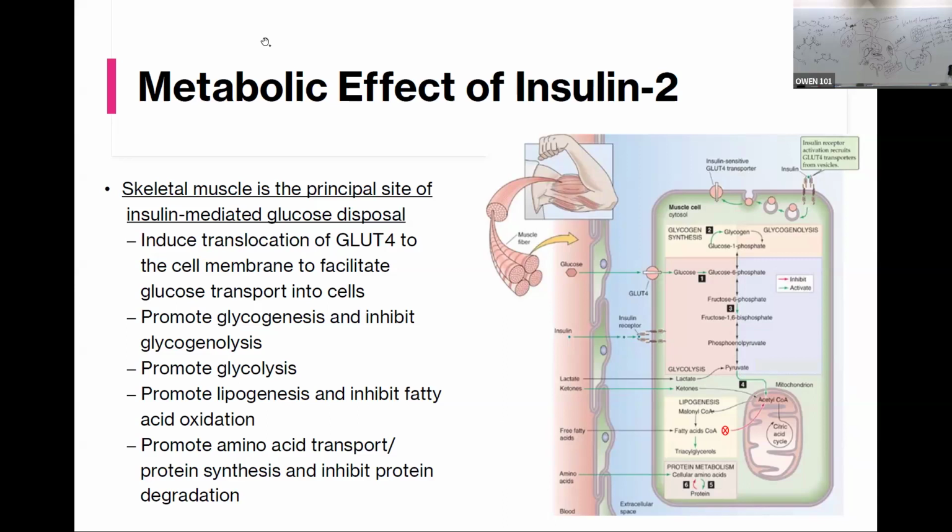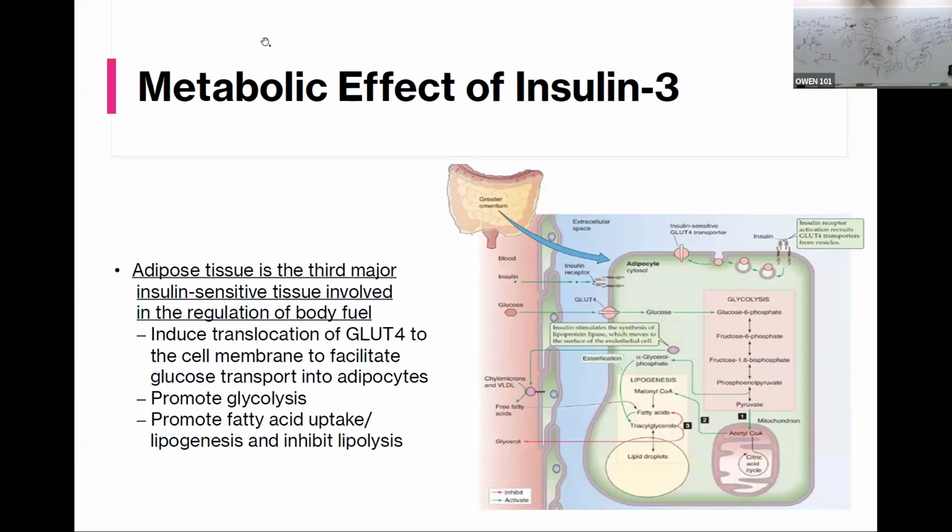And then you inhibit the production of acetyl-CoA or lipid hydrolysis. Then you inhibit ketone body formation. So that's what happens. And then you can also take amino acids to produce more proteins. That's in skeletal muscle.